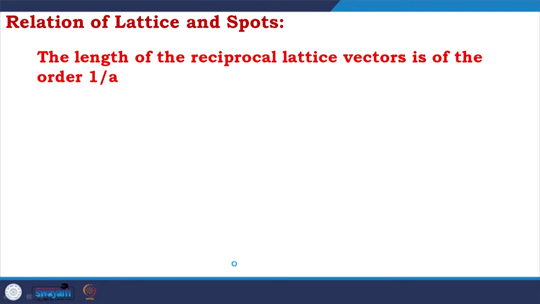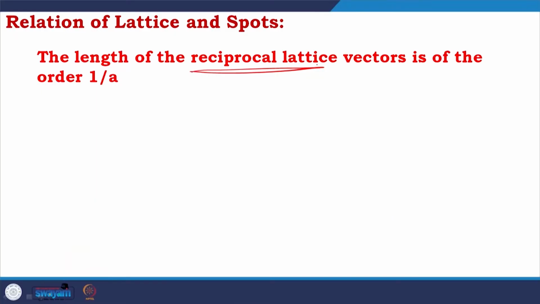So, the relation of the lattice and the spots, the length of the reciprocal lattice, see this is now arriving. Reciprocal lattice and Miller indices are related, we are going to talk about that. The length of the reciprocal lattice vector is of the order 1/a. If a is the base vector, this is 1 by a.